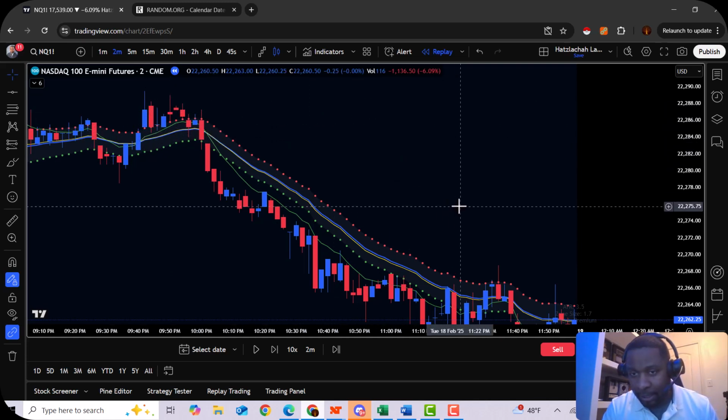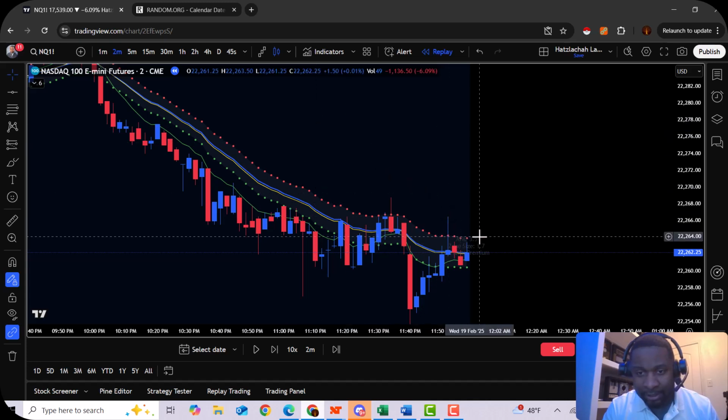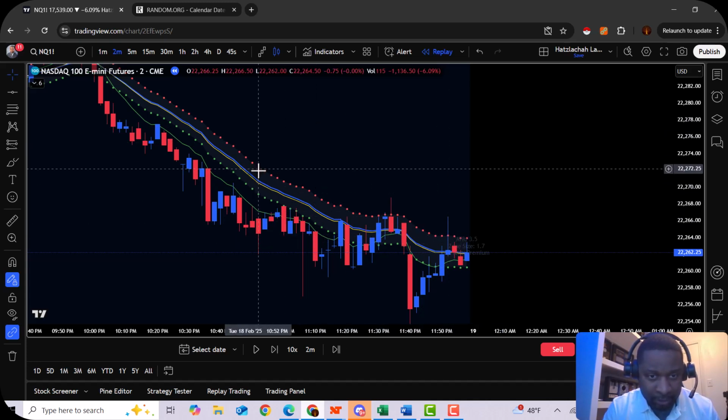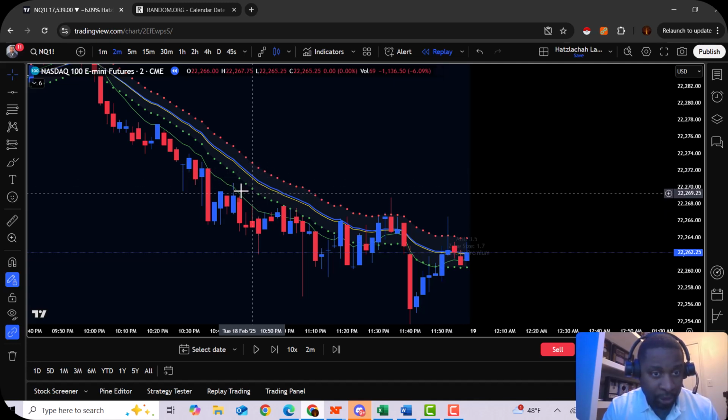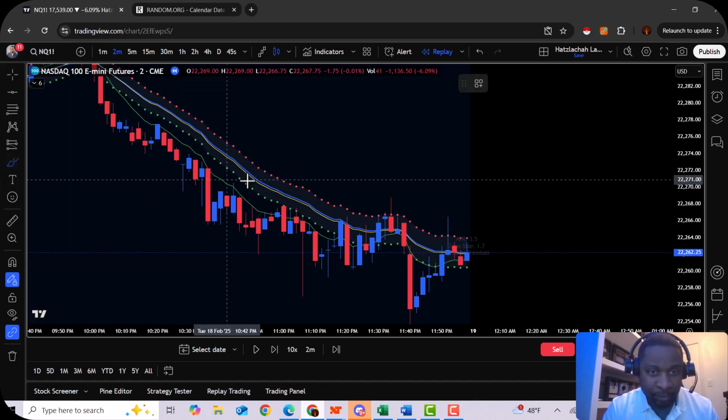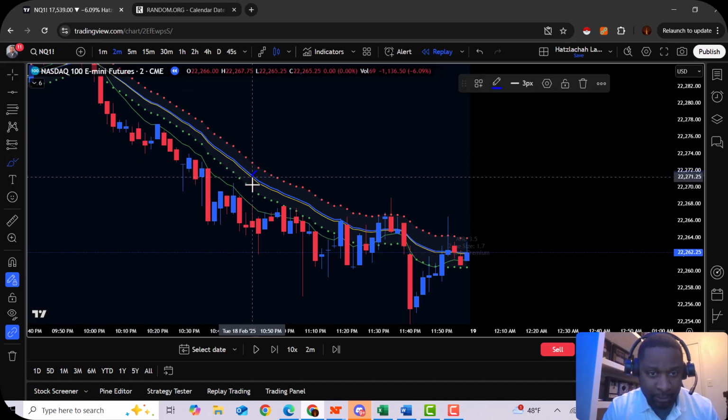The principle behind the strategy is the ATR is the average true range. If we look at the distance between this dot and this dot, this is the average range of the candles here. The average range of the candle is about this size right here.